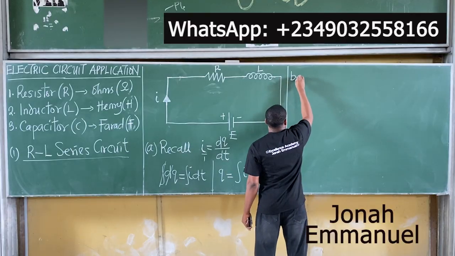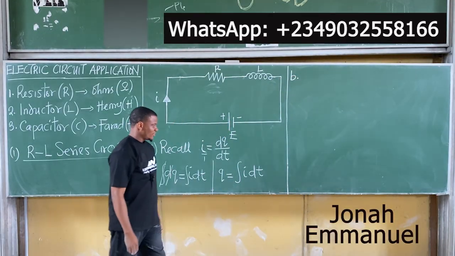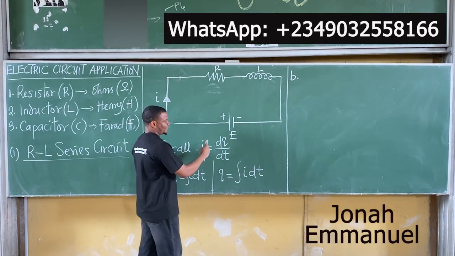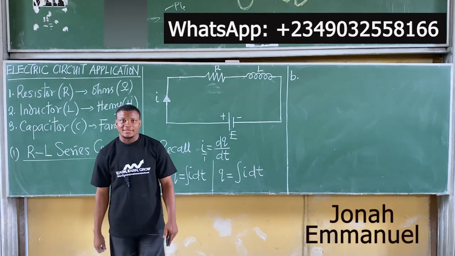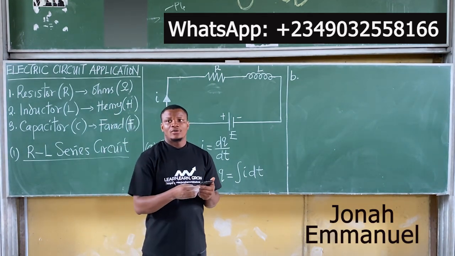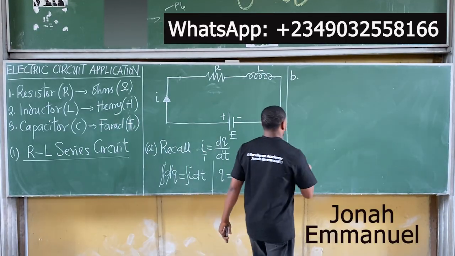Let's look at something. So the charge is equal to the integral of current dt, or we get current by differentiating charge with respect to time. That's it. From Ohm's law, what is the voltage across a resistor?